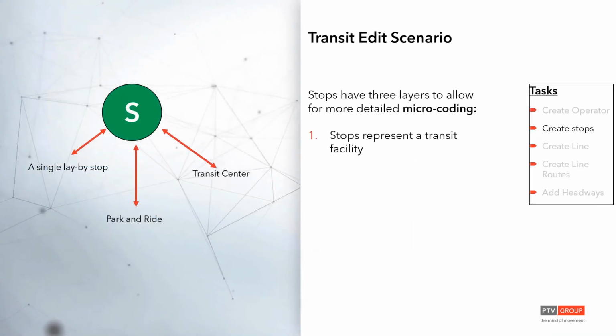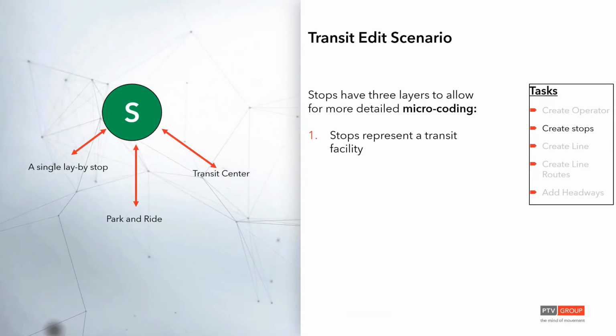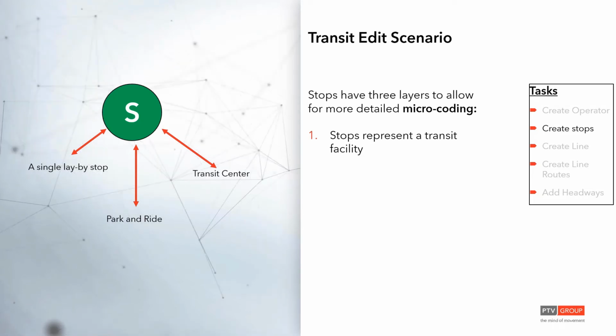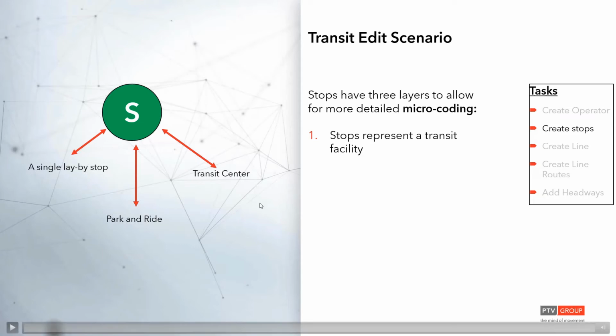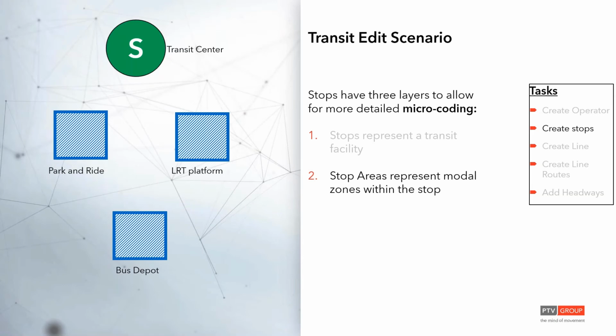Before I get into the actual section, I wanted to start off by describing what the different layers of stops are, because we have different layers that allow for different levels of detail in our coding and some more detailed microcoding of stops, depending on what type of transit facilities you have.